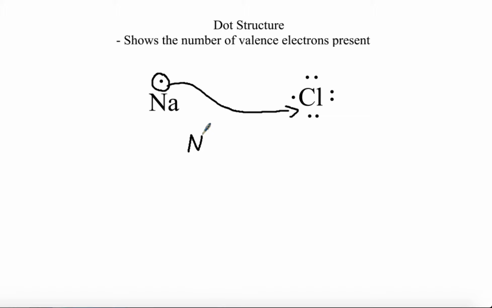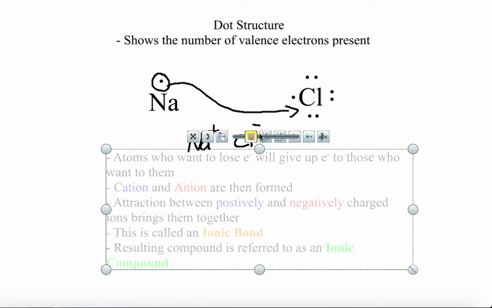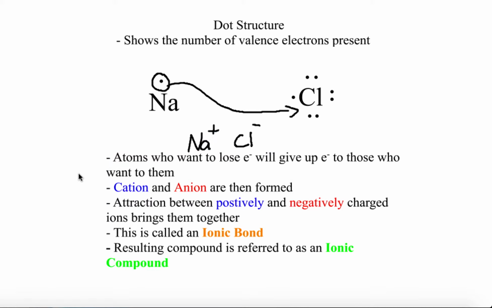And now, sodium, who has just lost an electron, takes on a +1 charge, while chlorine, who has just gained an electron, takes on a -1 charge. So these elements actually help each other out through the exchange, the give and take, of these electrons. That's how elements basically lose and gain their electrons.